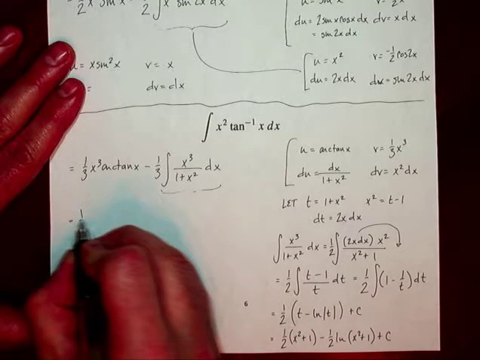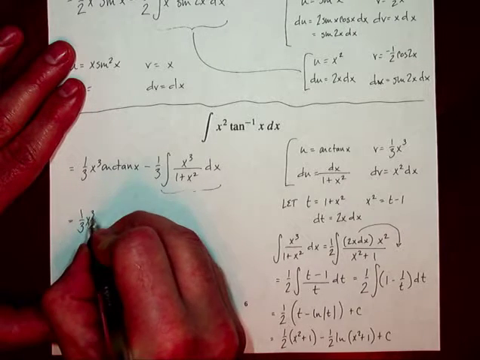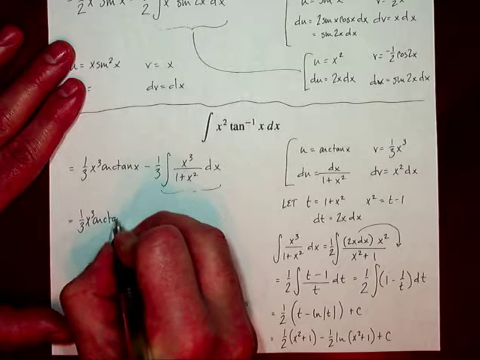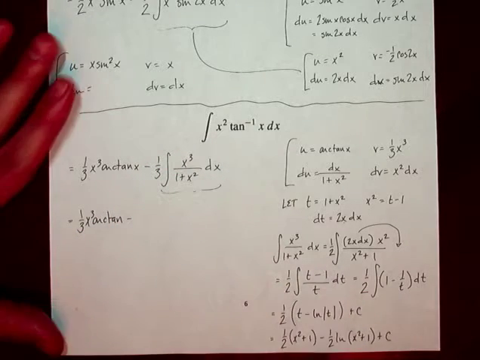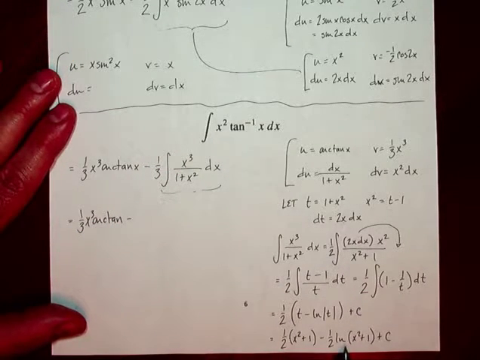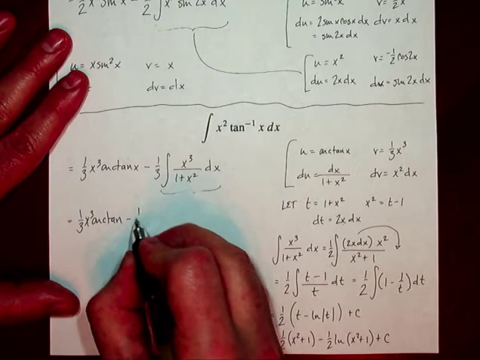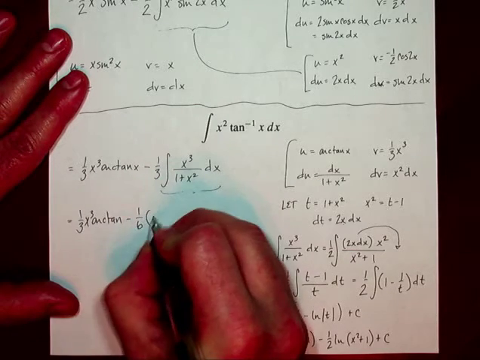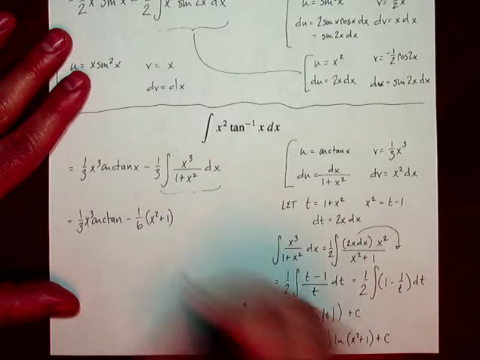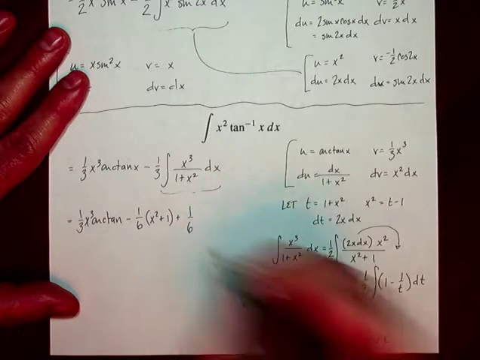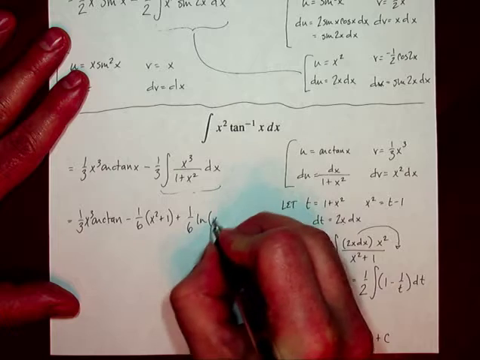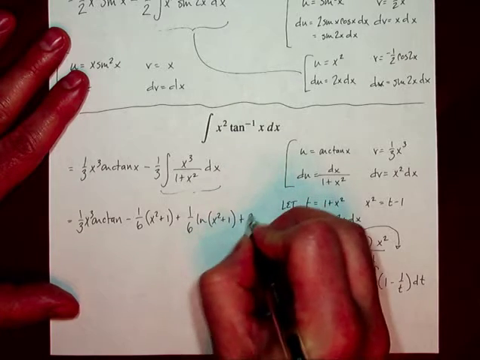So we just get 1/3 x cubed arctan x minus, and of course the 1/3 needs to be distributed over both of these terms, and it's a negative 1/3, so I get 1/6 (x squared plus 1) plus 1/6 natural log of x squared plus 1, plus c.